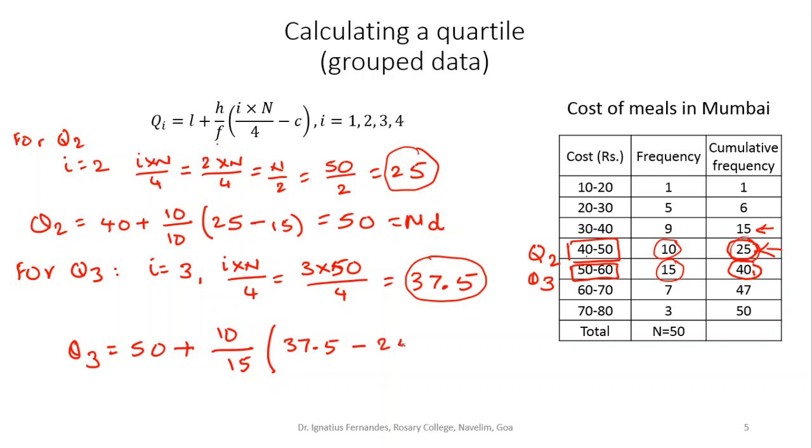So we have to calculate this, and once we calculate, 37.5 minus 25 is 12.5. So 12.5 into 10 is 125 upon 15, that is approximately 8.3, plus this 50 will give me 58.3. So the third quartile is 58.3.